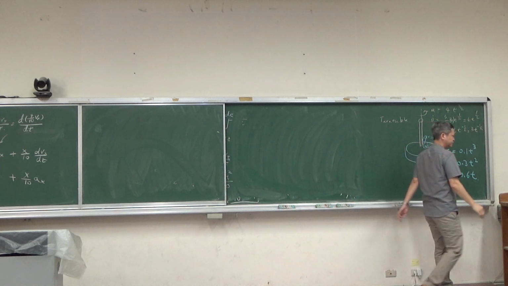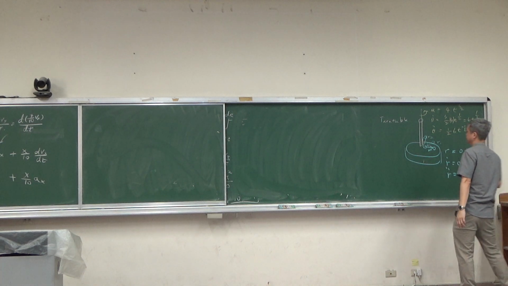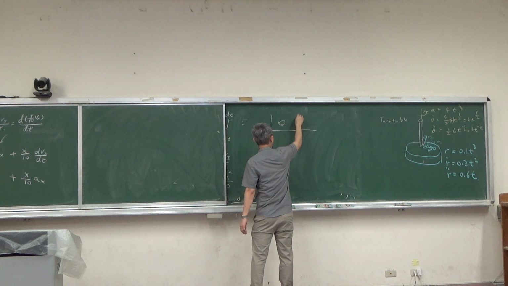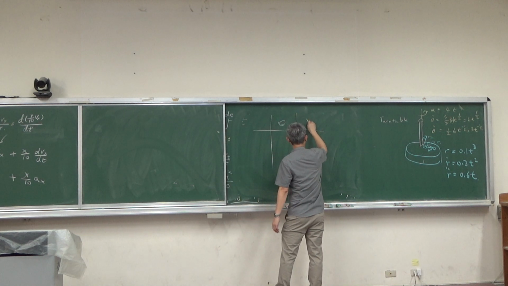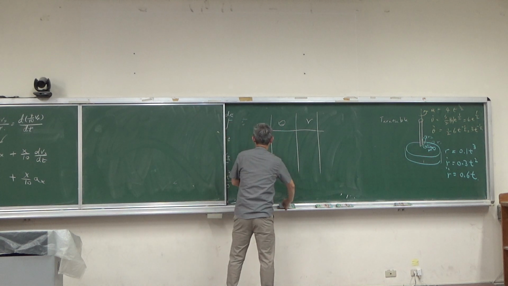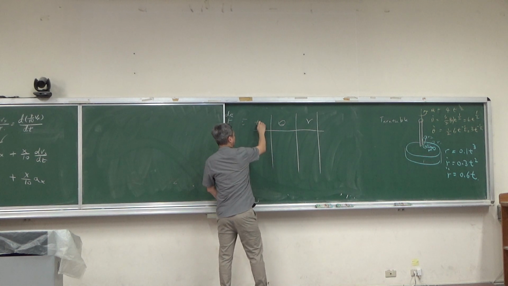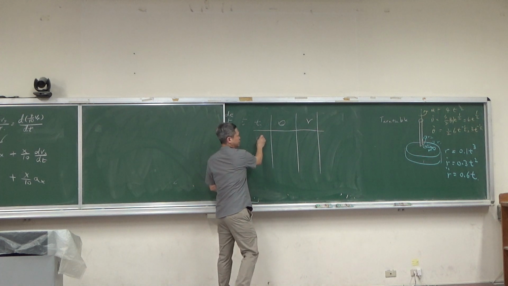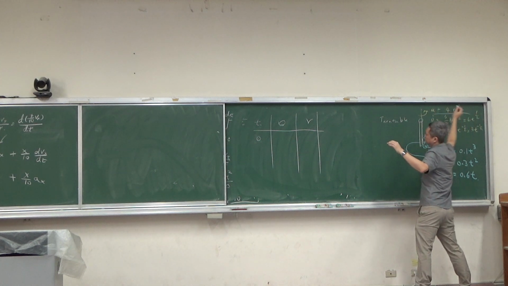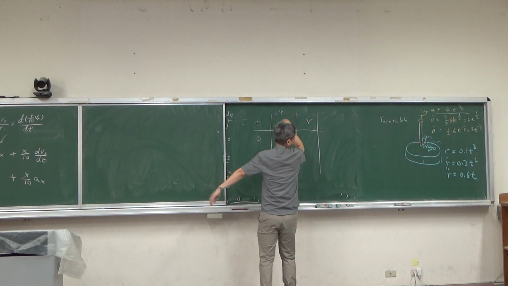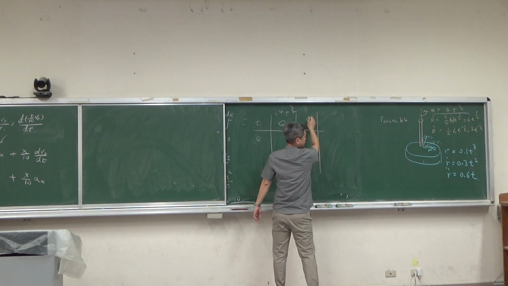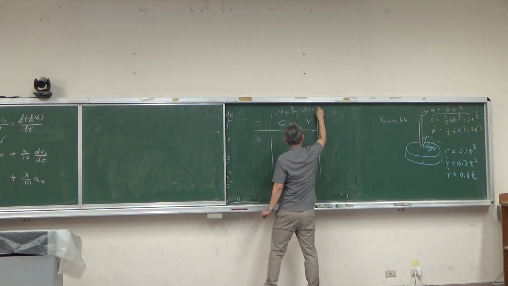To do so, I think you have to do the plotting. This is t, this is r, and this is time t. What happened at time equal to 0? Here, this is 4 t to the power of 3/2. This is 0.1 t cubed.